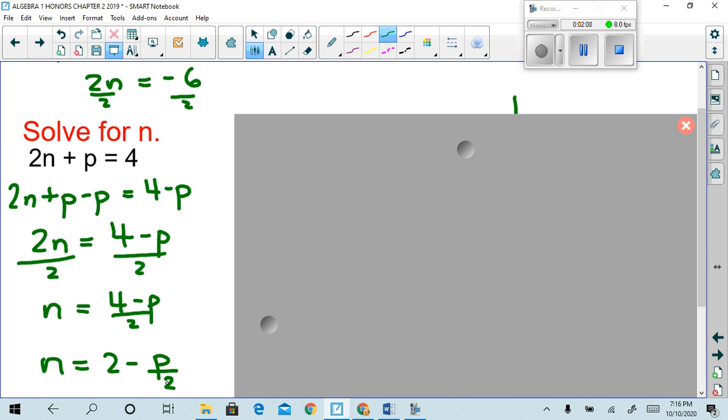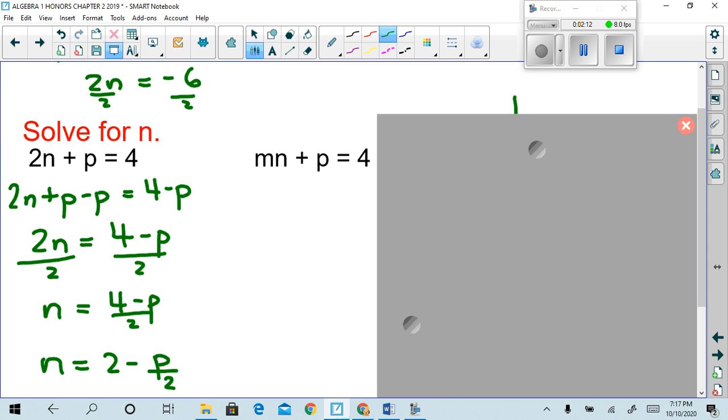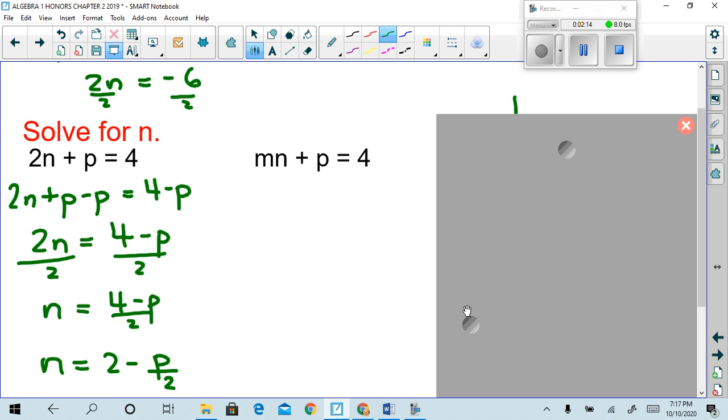Okay, on to my second literal equation. You now may notice that I took out the coefficient and replaced that with a variable. This is another example of a literal equation. How will I solve it? Using the same format, I'm going to subtract p on both sides.